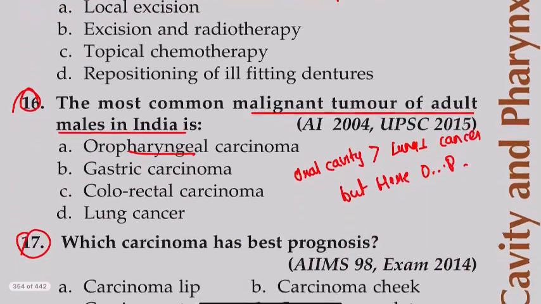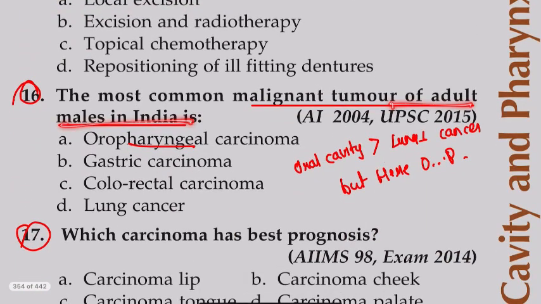The most common malignant tumor of adult males in India, what is that? Cancer of the oral cavity, right? But here, the oral cavity answer is absent, right? So what do we go for? We go for lung cancer, right?